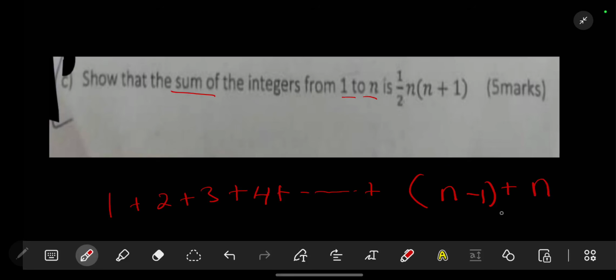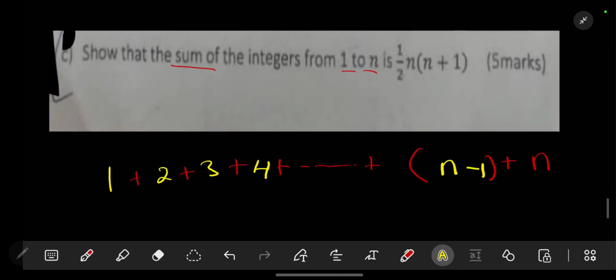Now why do I say this? This is simply because if the numbers are following each other, like 1 plus 2 plus 3 plus 4, that means whatever n will be, if n is 100, then the number before should be 99. So if n is 100, 100 minus 1 is 99. So we are going to say n minus 1. So we are saying that the sum will be equal to 1 plus 2 plus 3 plus 4 plus that.